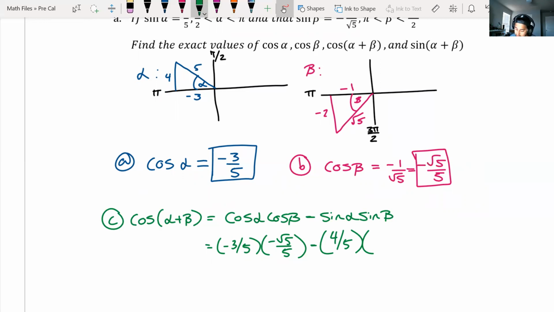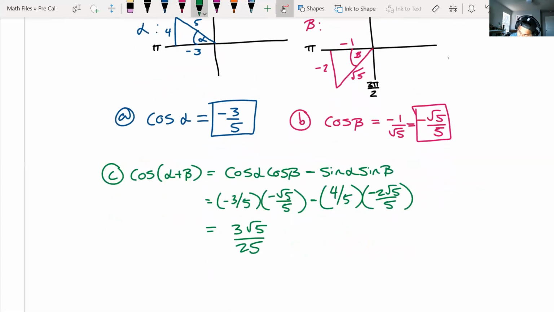So we should probably just rationalize that already. So it'd be -2 radical 5 over 5. Yep. And then multiply them. You'd get +3 square root 5 over 25. And then you see negative, negative again, and we get plus 8 square root 5 over 25.